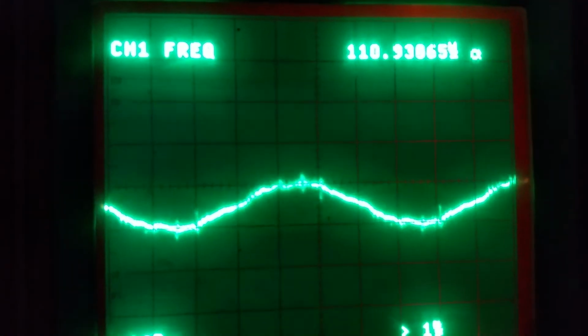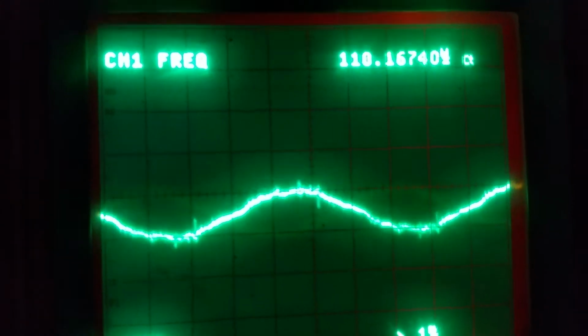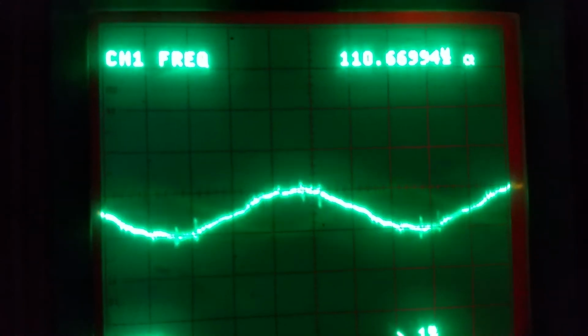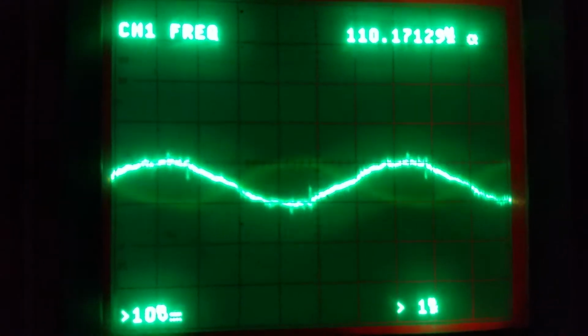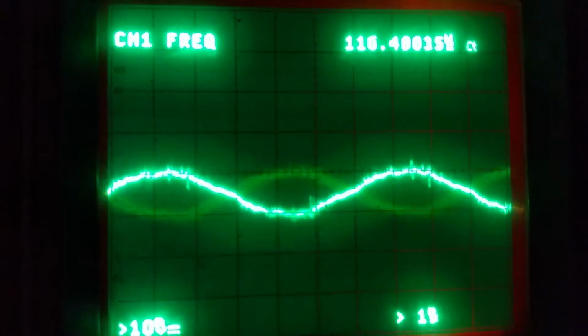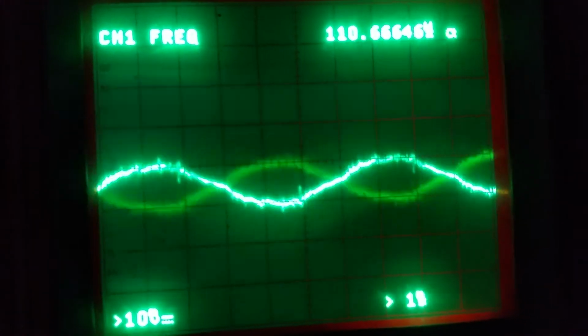So it's probably going back and forth between the current and the voltage. More of a self-regulation. Well, it's not similar, but we all know that the hydrogen flame self-regulates.